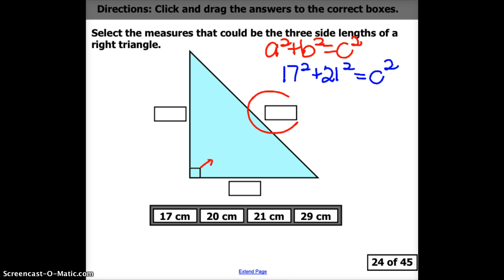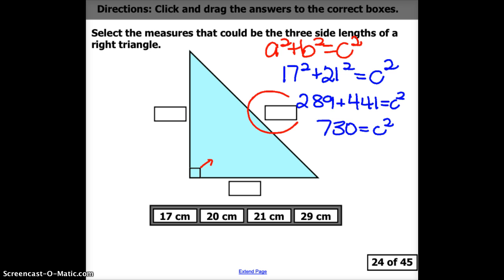And again, for 17 squared, I get 289. And for 21 squared, I now get 441. And if I add those together, I get 730.